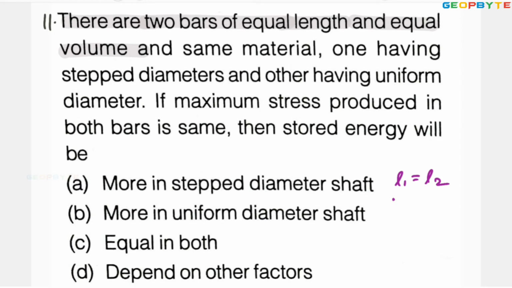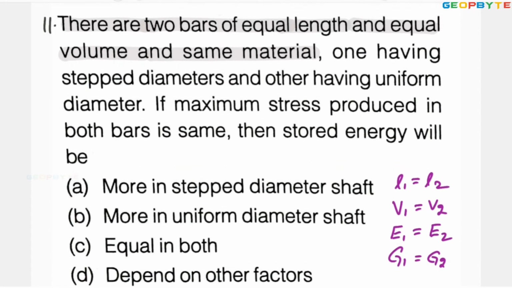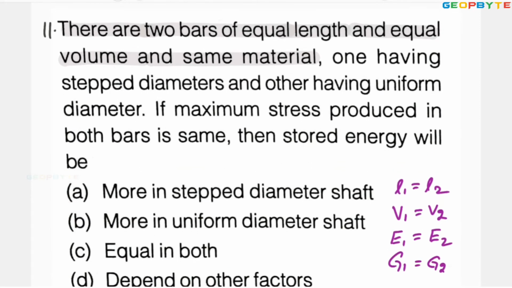Equal volumes means volume occupied by bar 1 equal to volume occupied by bar 2. And same material. Same material means Young's modulus for the first bar equal to Young's modulus for the second bar. You can also write shear modulus for the first equal to shear modulus for the second, because shear modulus is also a material property.